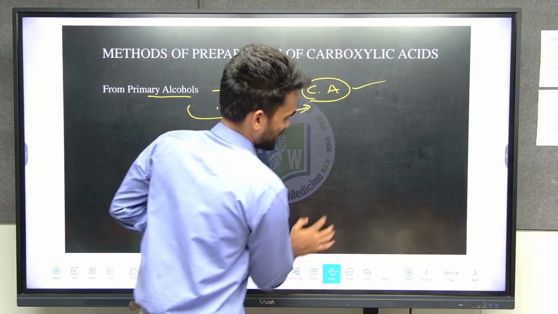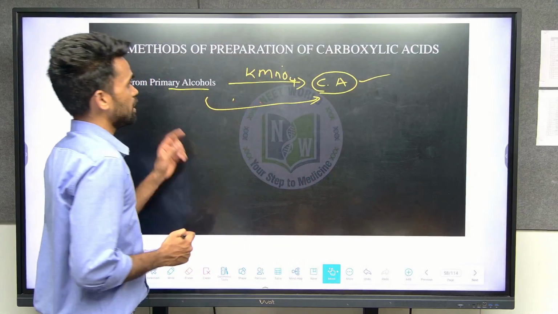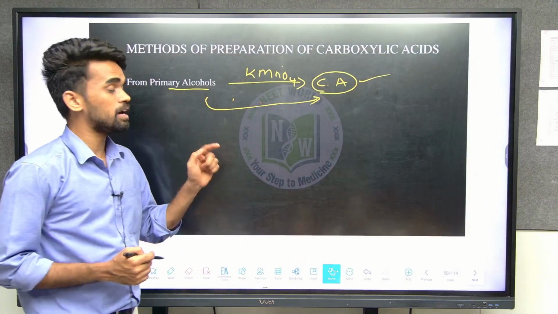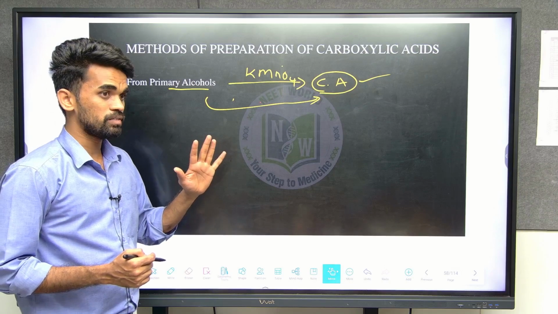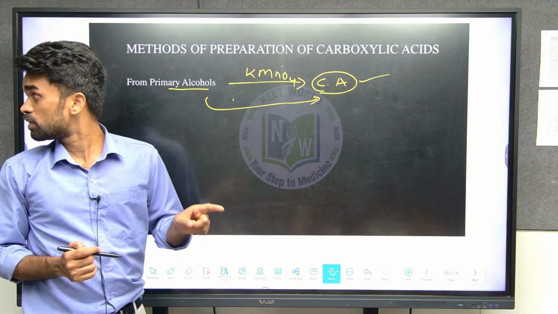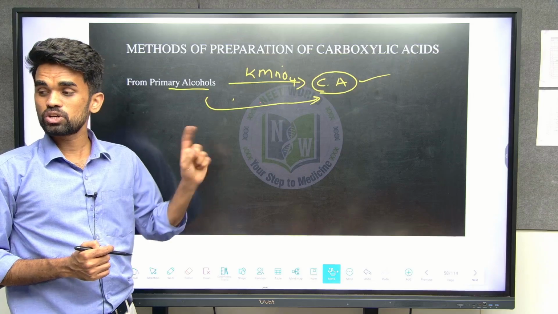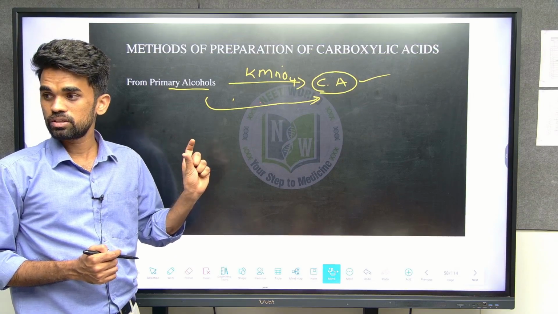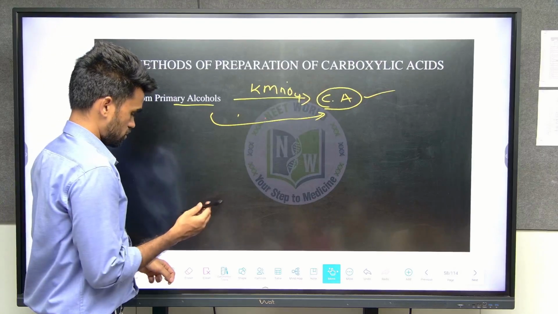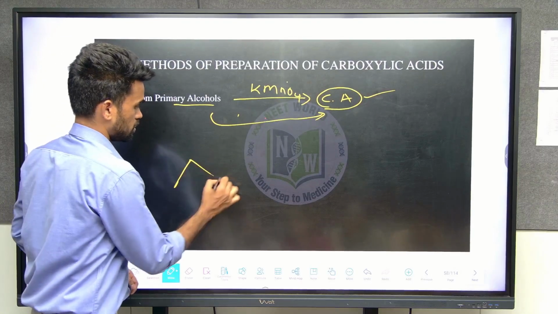Perfect. Next, what are the products from secondary alcohols? Ketones. It won't give me carboxylic acid. But from ketones what can I do? Ketones to carboxylic acid. Again, what is the reagent I should use? Just now we discussed.